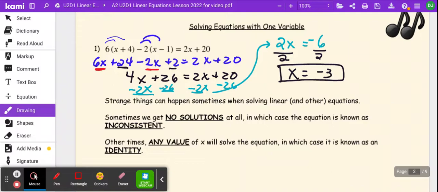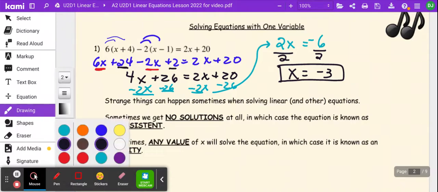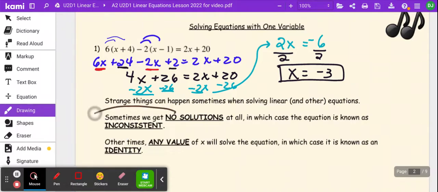Now, when you get to Algebra 2, sometimes we get equations that actually have no solutions at all. And the vocabulary word that goes with that: if you get an equation that doesn't actually have a solution, that's called an inconsistent equation.